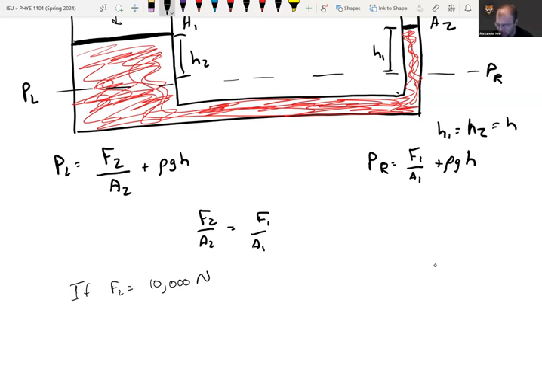And then A2 is a circle 1 meter in radius. And then A1 is a circle 10 centimeters in radius. All right, we'll just use that.